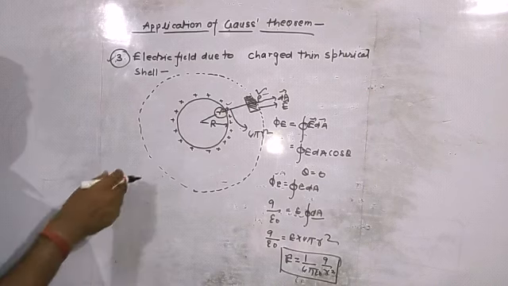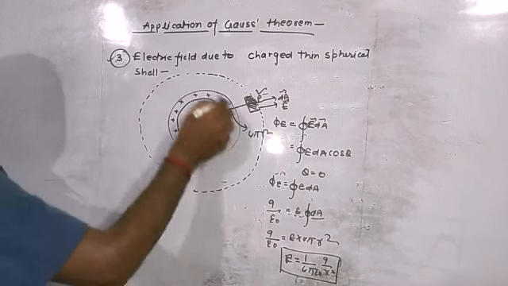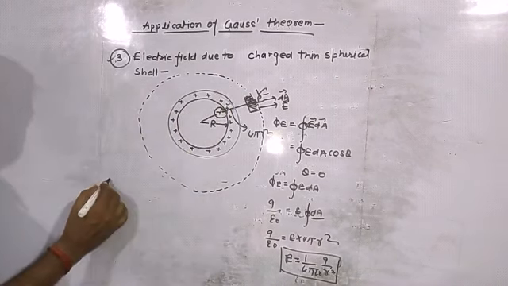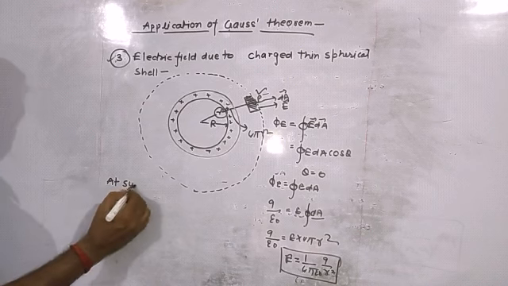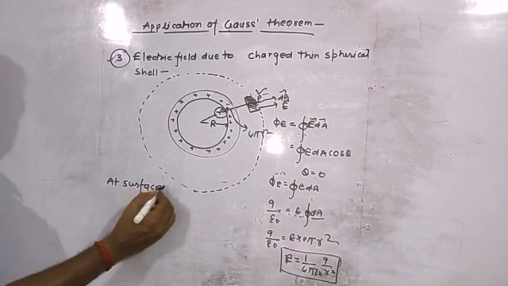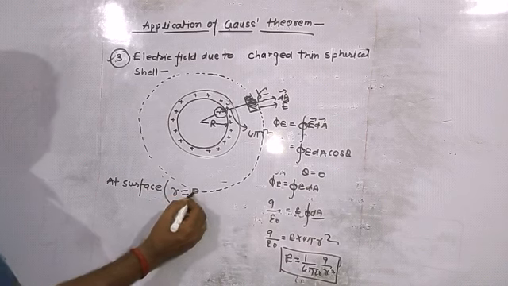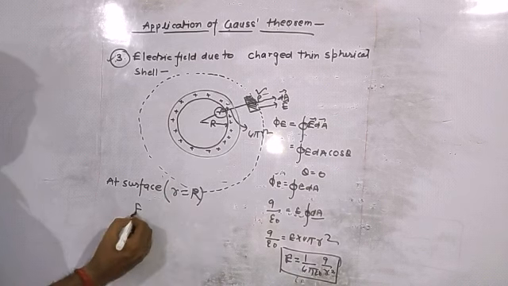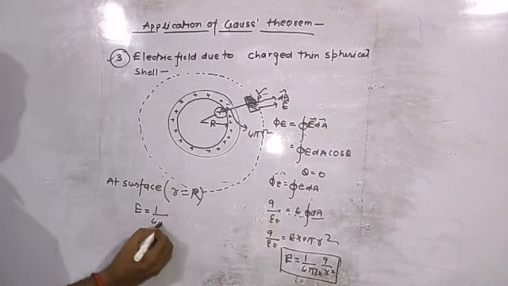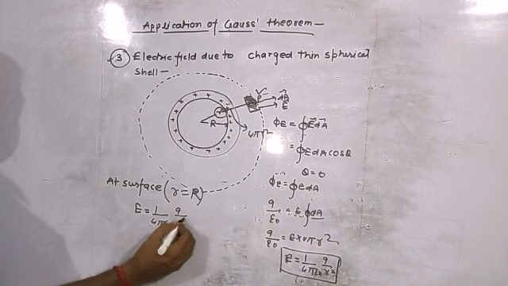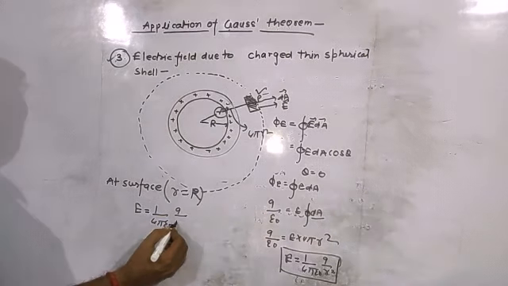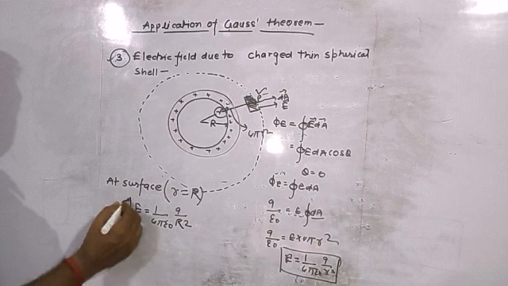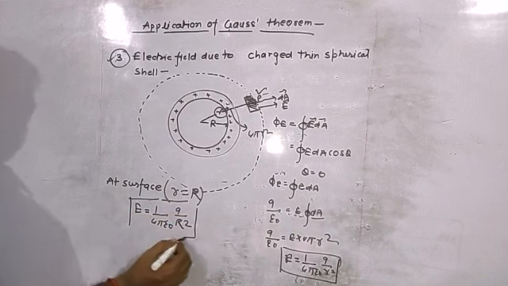Now suppose we wish to find out the electric field intensity at the surface. At the surface we put r equal to capital R, so it will become E is equal to 1 by 4 pi epsilon naught q by r square.